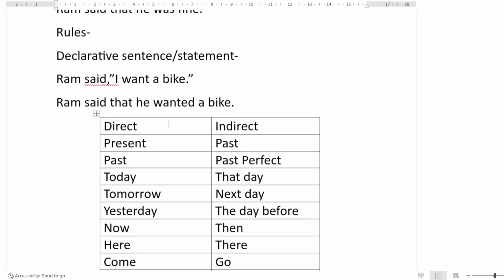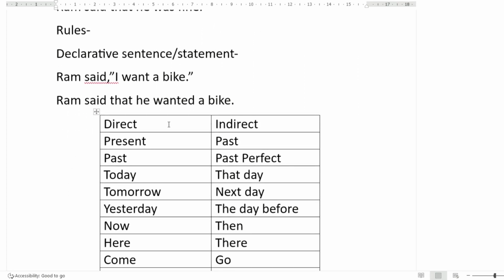Now, let's take up the first rule, how to change direct speech into indirect speech. For various types of sentences, the rules are different. There are 4 types of sentences: declarative, interrogative, imperative and exclamatory. So for all the 4 types, the rule will be different.